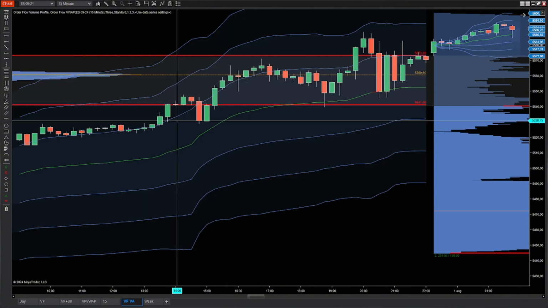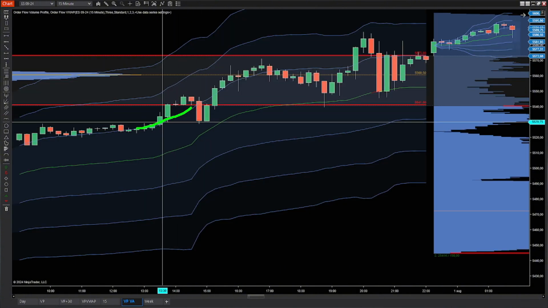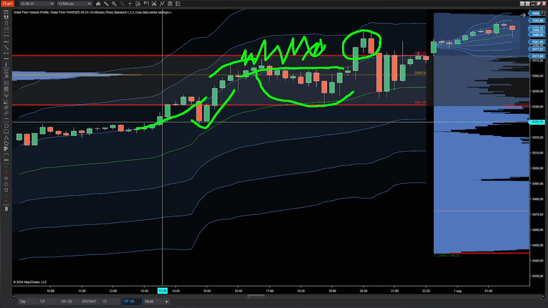Once we break through our established value, we try to break through, get rejected and move back up. We try to find acceptance back into this zone, but we get rejected. Find a little balance here, try again to find acceptance within our previously established zone, but the market decides to take value lower between VWAP and the first standard deviation.